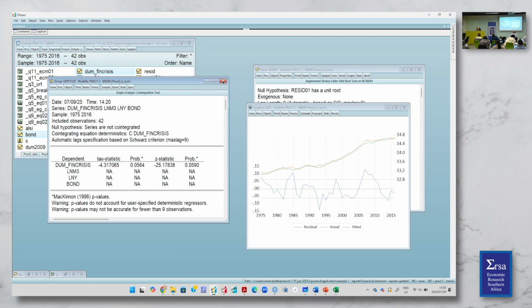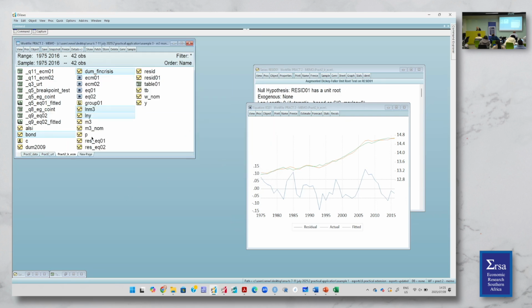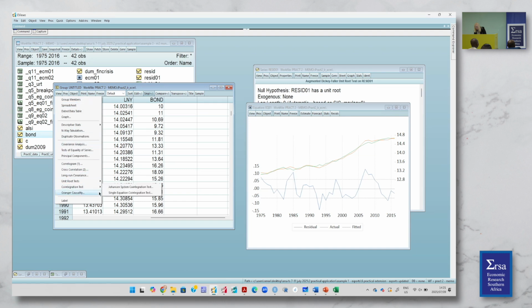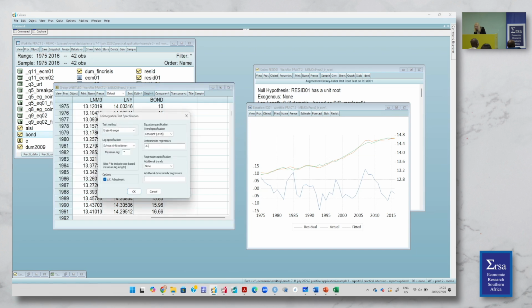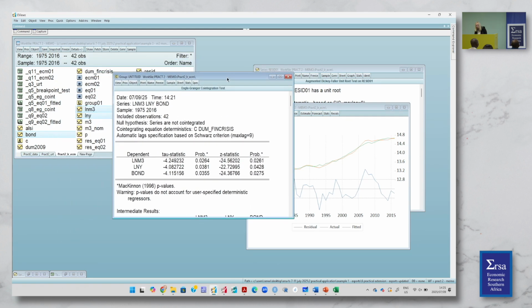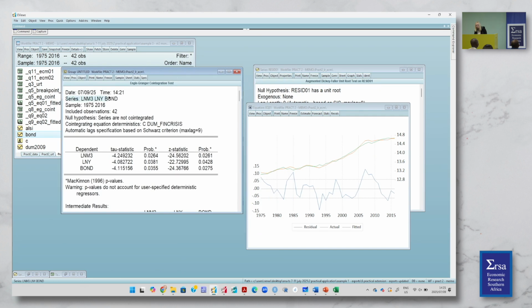Oops, I have selected it incorrectly now. I mustn't select it. So now, what is the story, as opposed to just testing those 3 variables? What does the p-value say to start out with? We now do find co-integration once we control for the financial crisis.